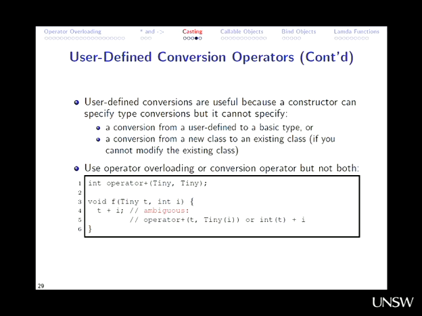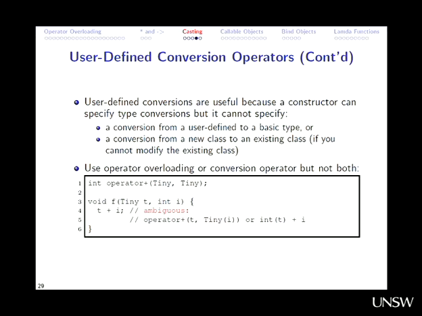And a constructor can't specify how a conversion from a new class to an existing class happens if you can't modify the existing class. So if I've got class A and class B, I can only modify class B. I can't modify class A to create a constructor that takes in class B. But in class B, I can define an operator overload for how you could cast class B to class A. Okay?